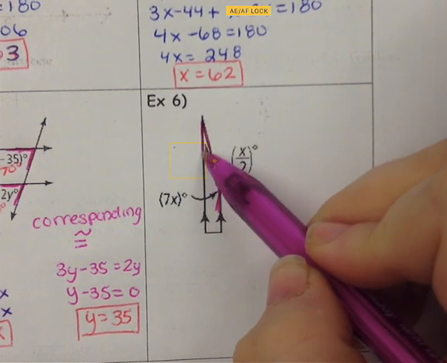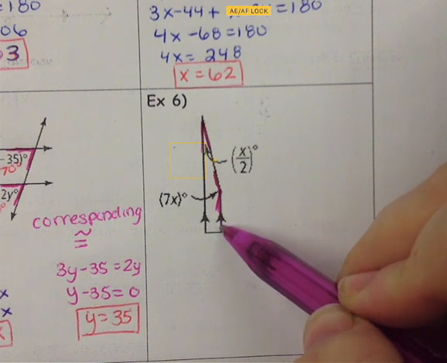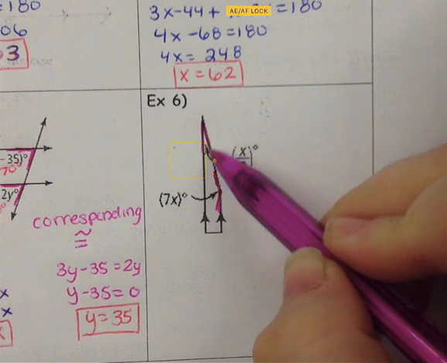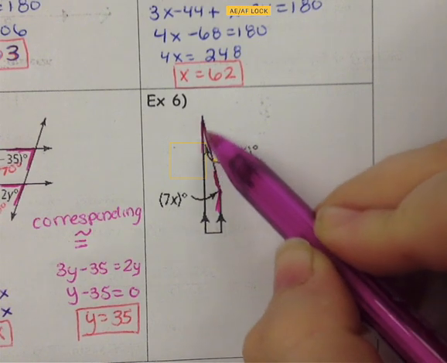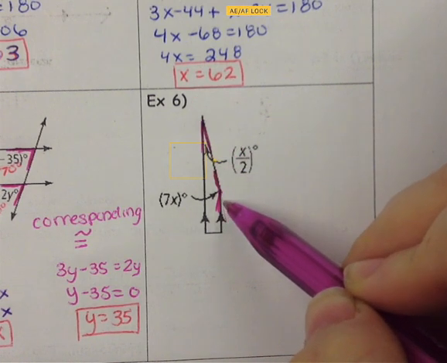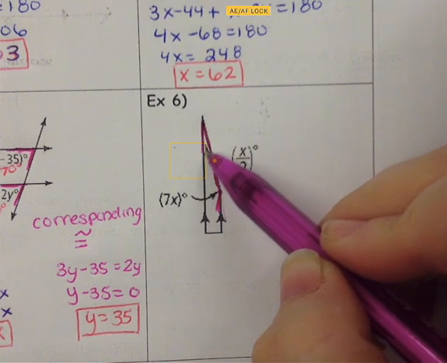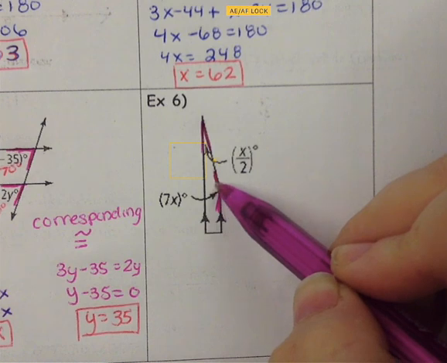But this pink is touching a parallel line, and this pink is touching the other parallel line, so that's good. These pinks right here and right here are actually touching the same line. That's your transversal. The line that they both touch is your transversal. So the question is, where are these located? Now, this arrow is on the bottom of that transversal, and this arrow is also on the bottom of the transversal.